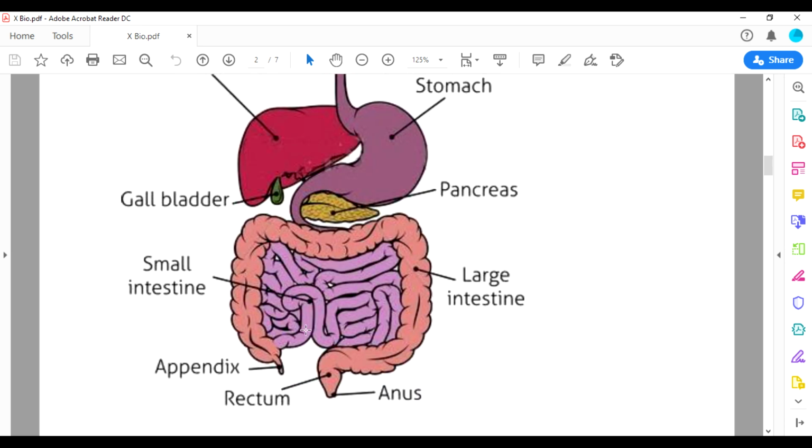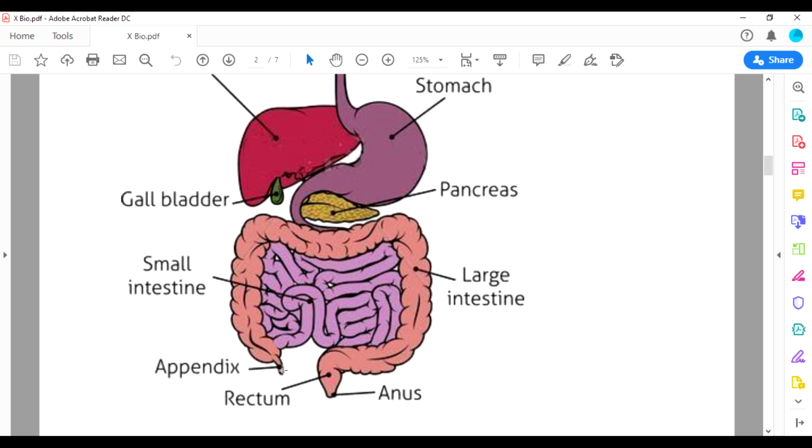This small intestine opens in a small sac called the cecum. The cecum has a finger-like projection known as the appendix. The appendix is well developed in cattle and in reduced form in human beings.